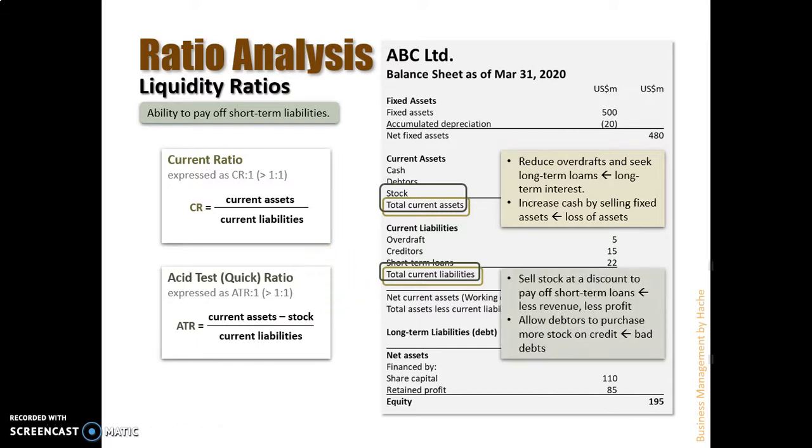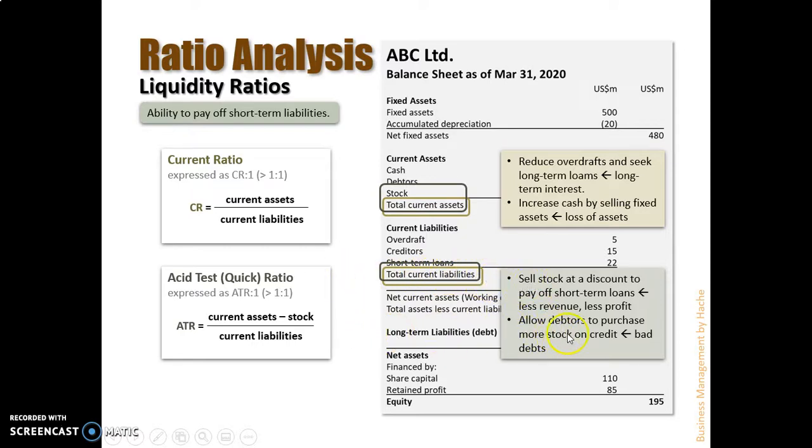Okay, and if I want to improve my liquidity ratio, my acid test ratio, this quick ratio, I can, for example, sell stock at a discount. I mean, I can set a discount to pay off short-term loans, so I can sell stock, since I'm not considering it in this calculation, to pay these short-term loans. But remember, selling stock at a discount will also mean you are losing some profit, so something to consider.